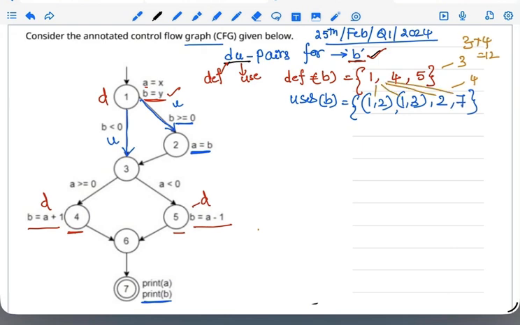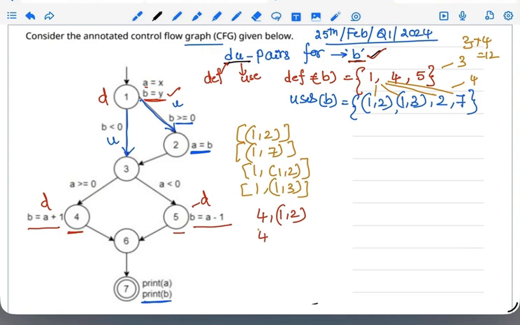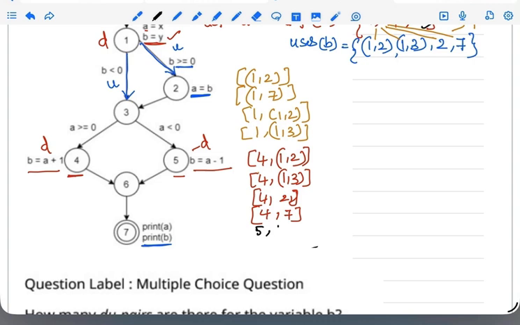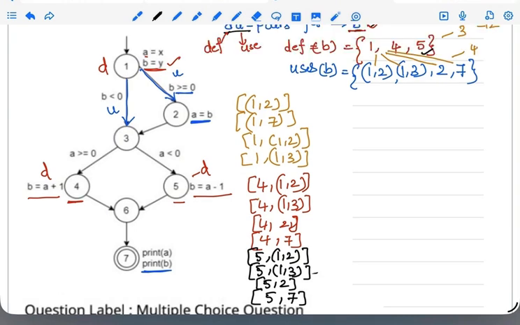For node 1: (1, (1,2)), (1, (1,3)), (1, 2), (1, 7). Then for 4: (4, (1,2)), (4, (1,3)), (4, 2), and (4, 7). For 5: (5, (1,2)), (5, (1,3)), (5, 2), and (5, 7). These are 12 du-pairs.